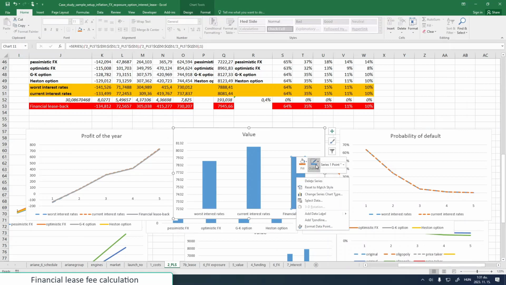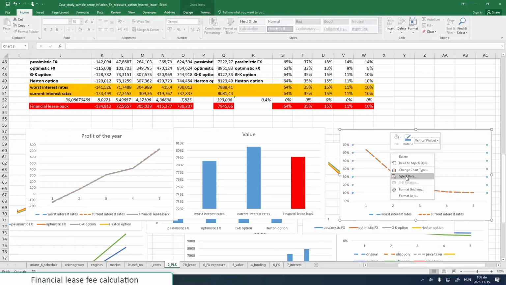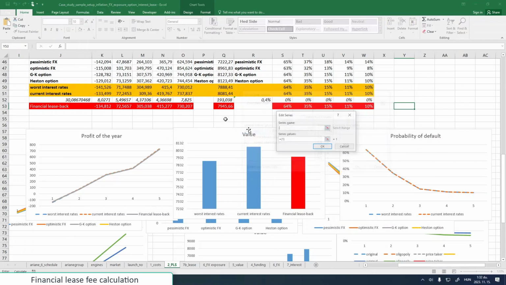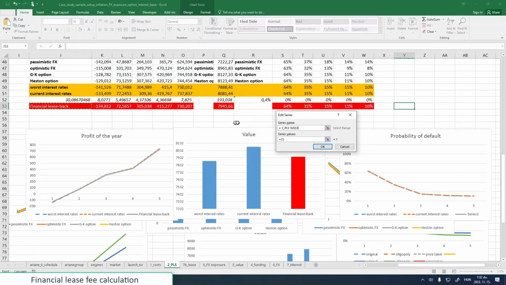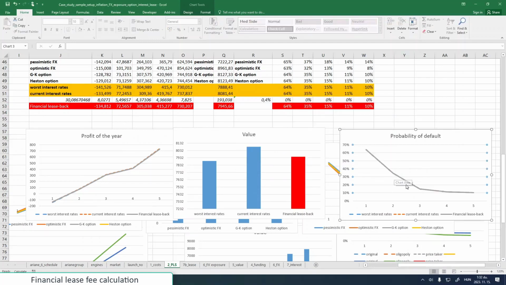And let's color this red. Here, red. Okay, probability of default. Then we can say that nothing is changed, utterly the same.